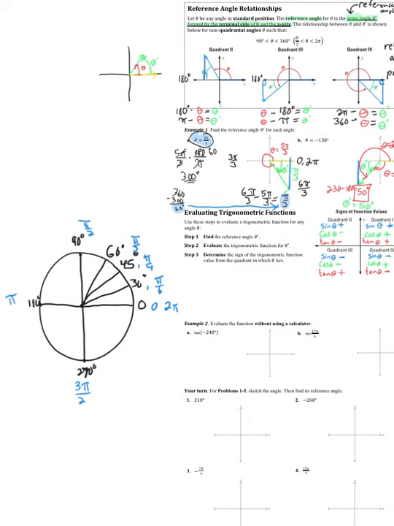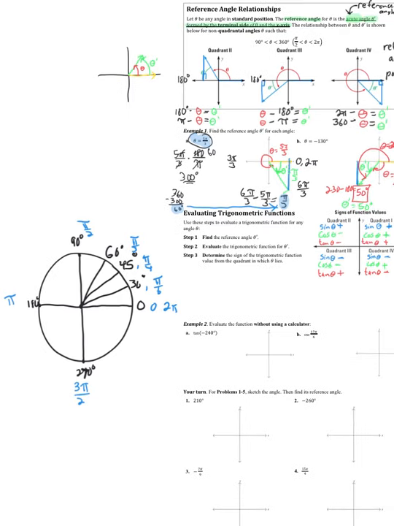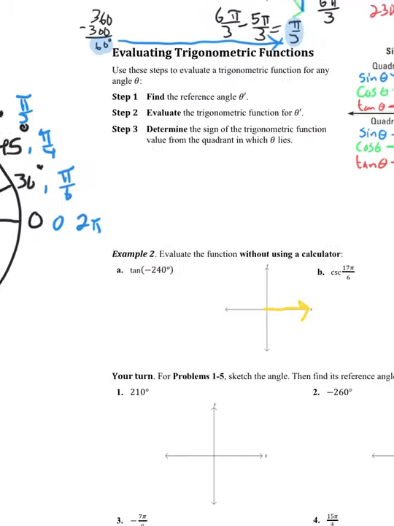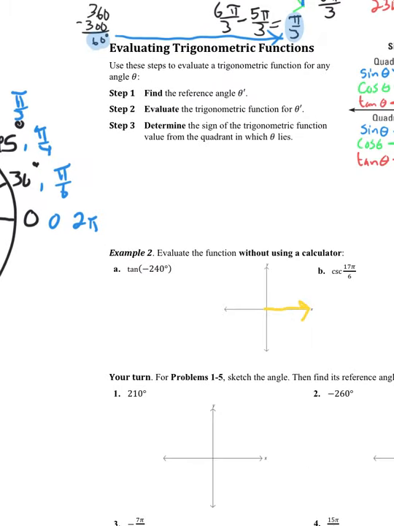And now, if I need to use this table, I will use it. But I'll start with tangent of negative 240 degrees. The first thing I need to do is draw my angle in standard position. This is using a lot of the skills that we've learned the last week. I'm going to rotate negative 240 degrees.